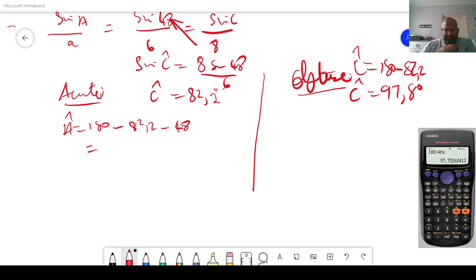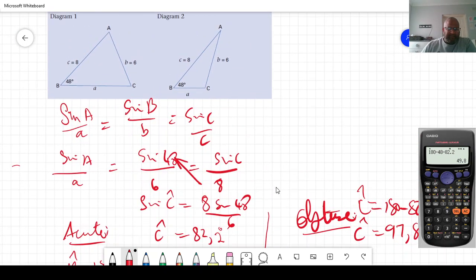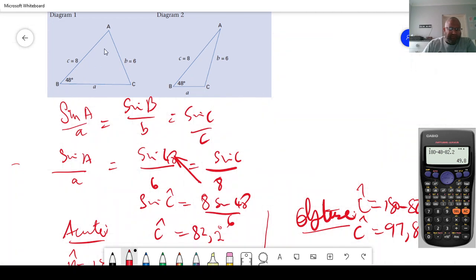So 180 minus 48 minus 82.2 gives us an angle of 49.8 degrees. So we got 49.8 here and we have 82.2.